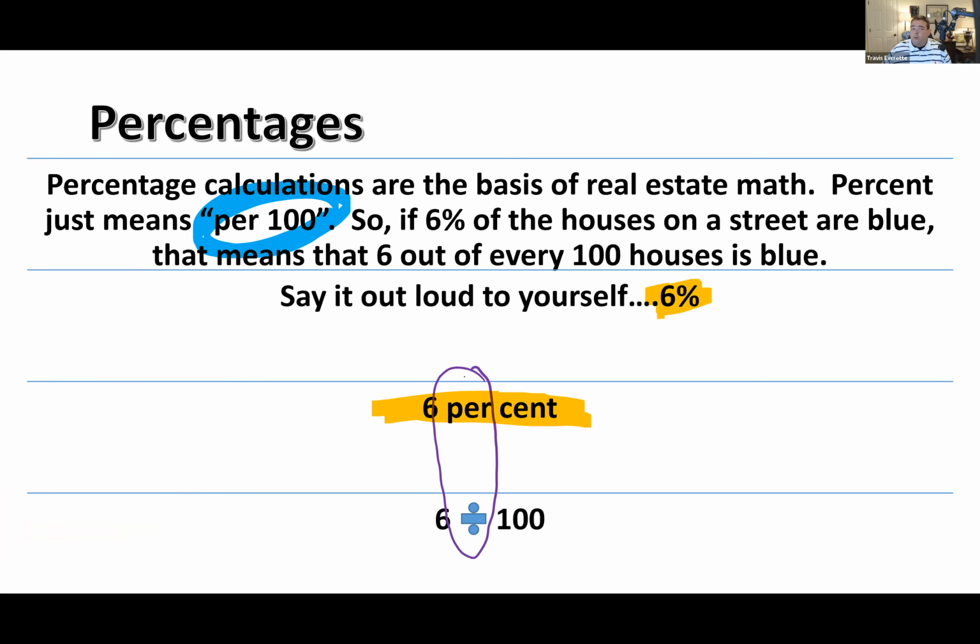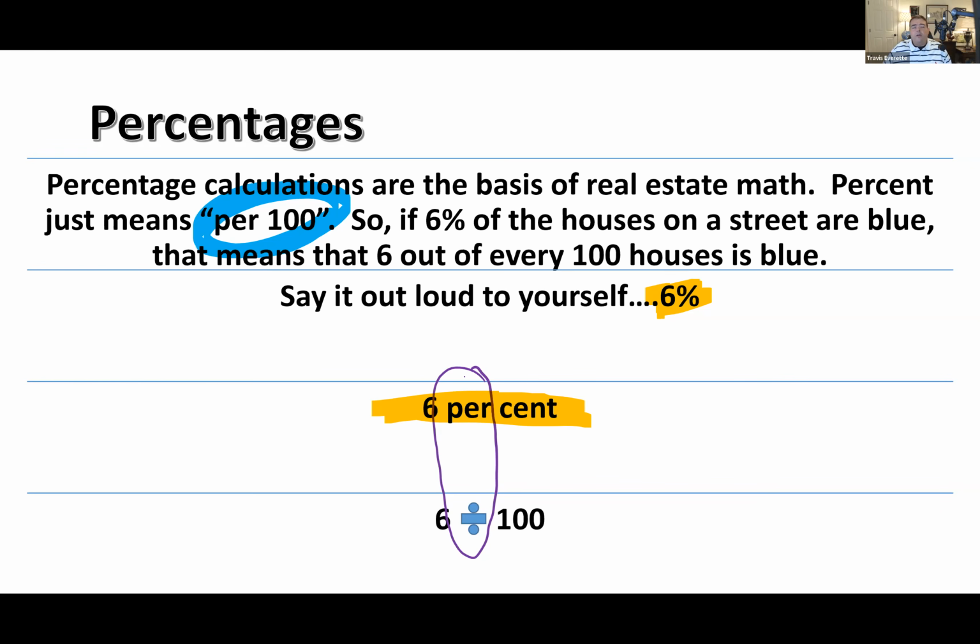I know a lot of you, when you took basic math, maybe in elementary school, middle school, high school, wherever you were when you took it, you were taught to move decimal places when it comes to percentages. And you can do that. It works. But in my experience, it's not reliable for a lot of people because they're nervous about it.